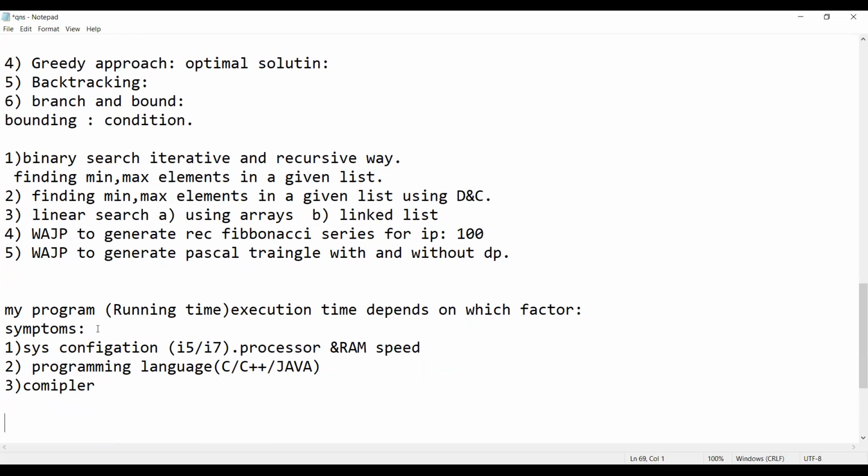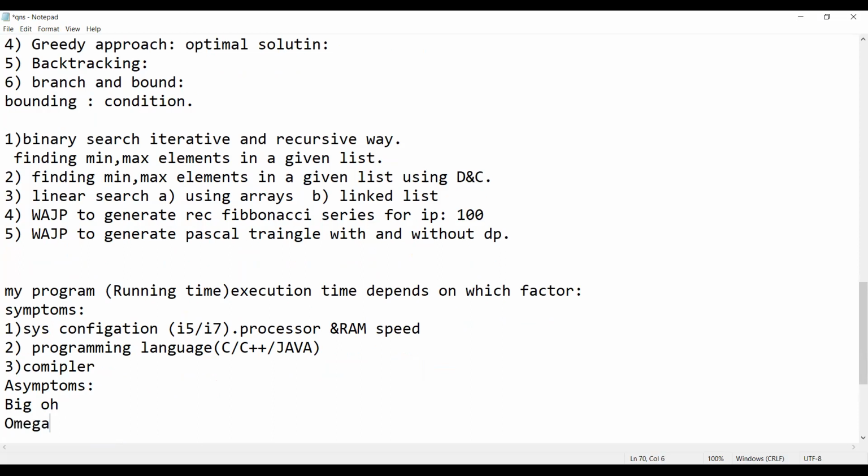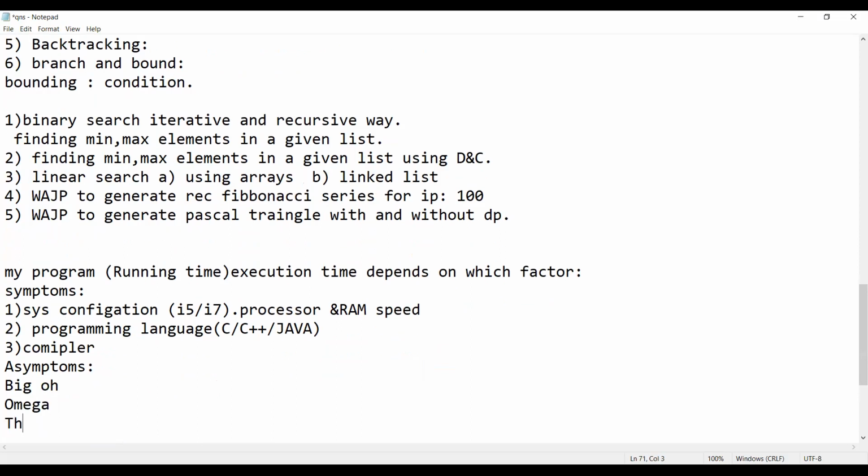So we need to go for asymptotic notations. In asymptotic notations, we are talking about the big O notation, omega notation, and theta notations.